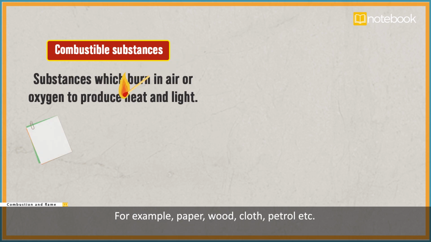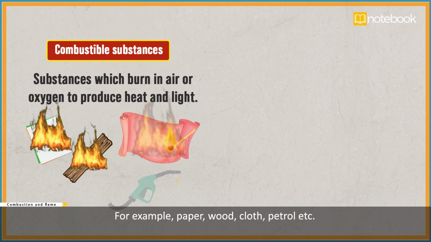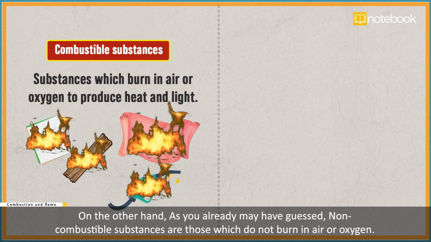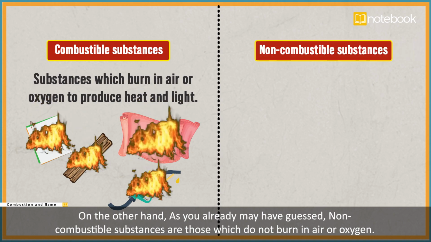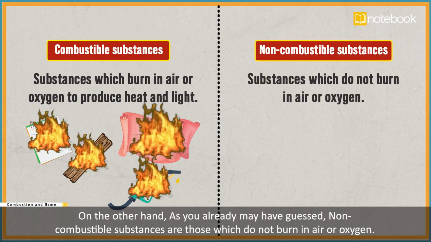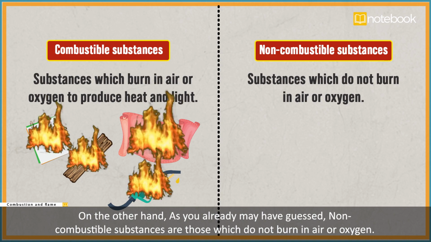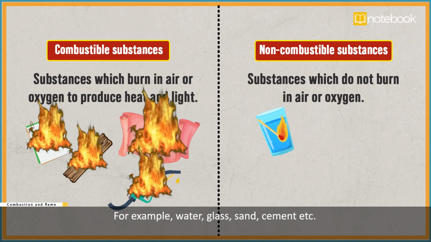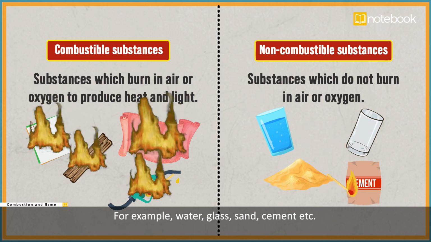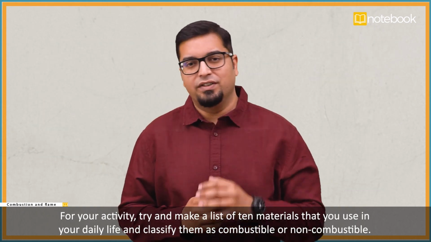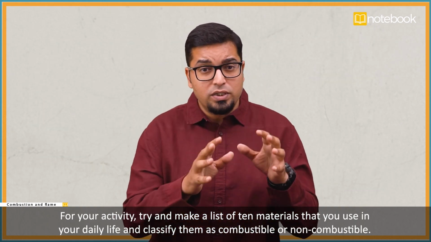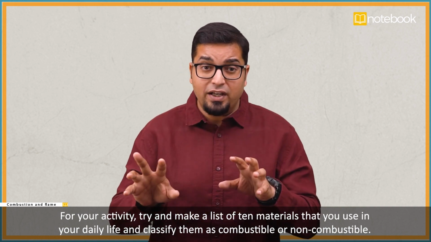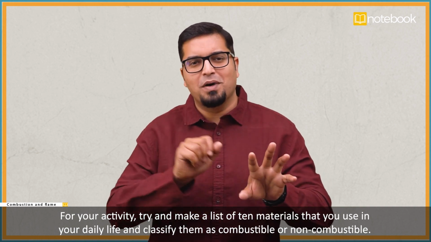For example, paper, wood, cloth, petrol, etc. On the other hand, as you already may have guessed, non-combustible substances are those which do not burn in air or oxygen. For example, water, glass, sand, cement, etc. For your activity, try and make a list of 10 materials that you use in your daily life and classify them as combustible or non-combustible.